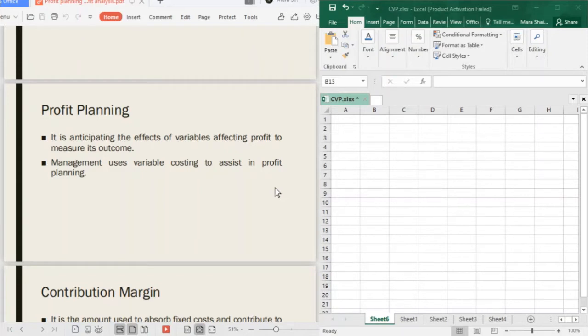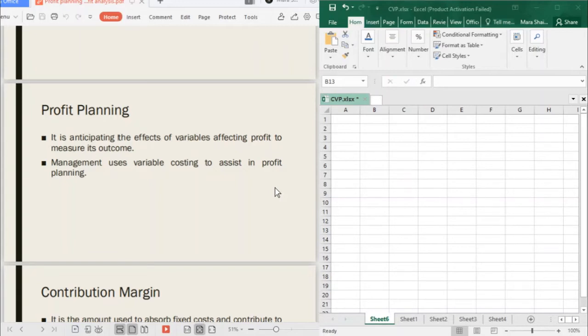Of course, you will not know how to get the profit without understanding what are those factors that affect profit itself. Those factors will be discussed later on. Also, given those variables, profit planning directly relates to the normal operating activities of an organization and is usually short-term in nature.